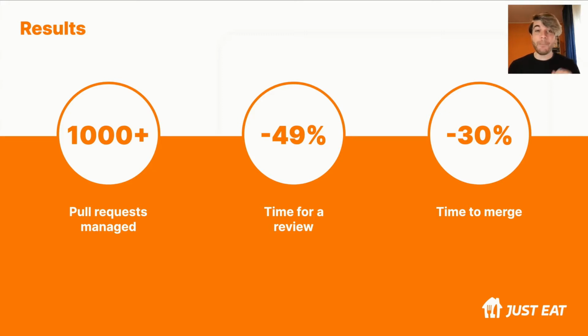Till now, PR Assigner helped us to manage thousands of pull requests. To measure its impact, I took inspiration from DevStats of Cloud Native Computing Foundation. We measured the PR engagement time, which is the amount of time between the creation of the pull request and the first review, no matter if it's an approval, a request of change, or just a commented one.